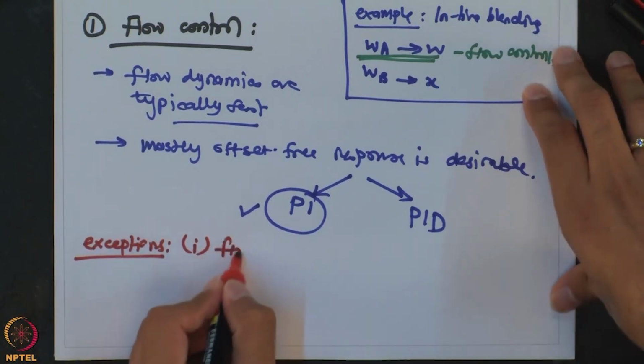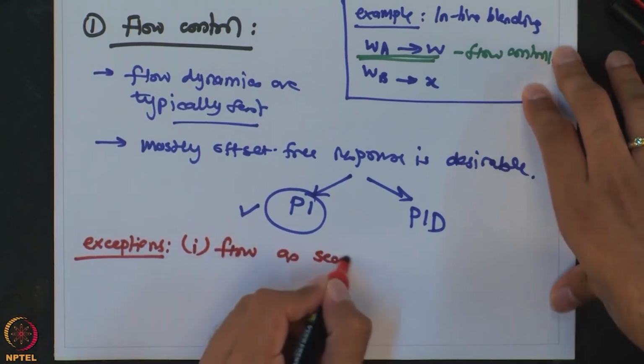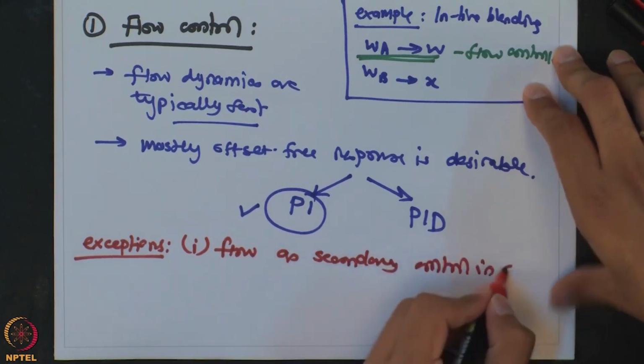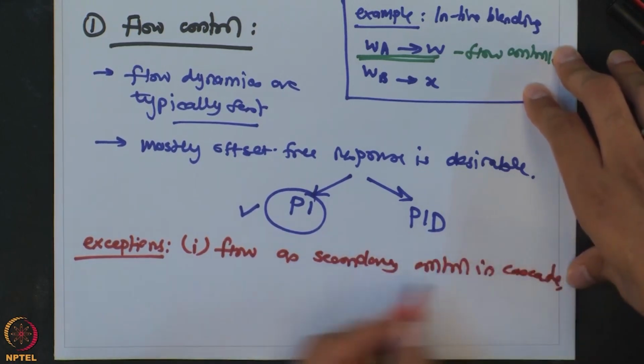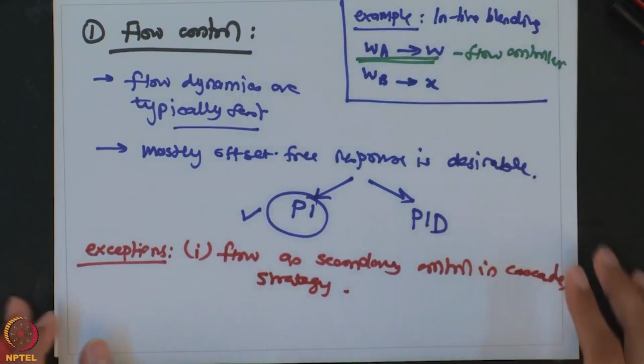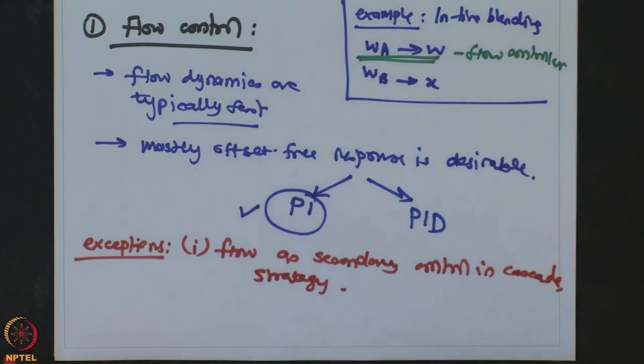One is flow as a secondary control objective in a cascade strategy. Now we have not seen what a cascade control is so far, but it is a control strategy where there are two control loops which are connected together. One is a primary control loop and the other is a secondary control loop.